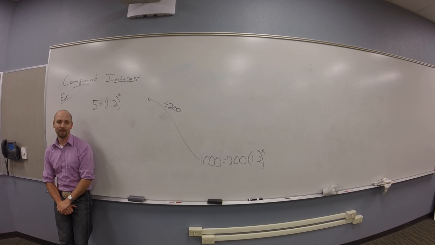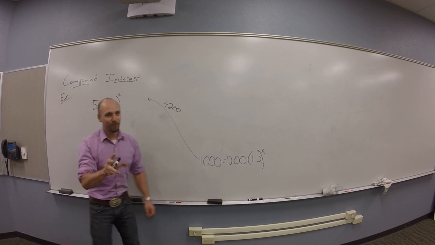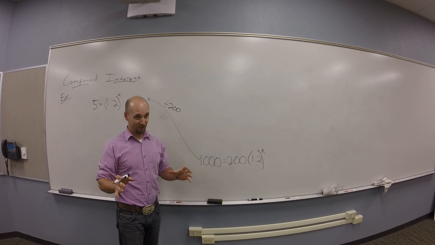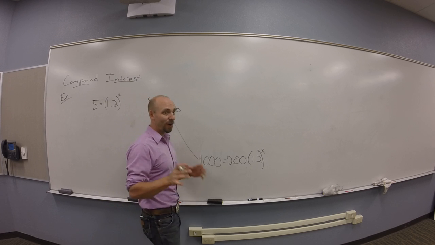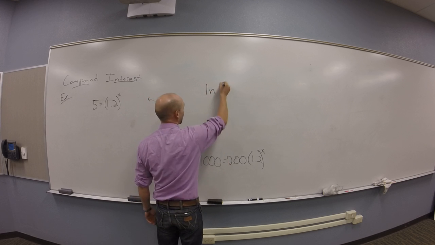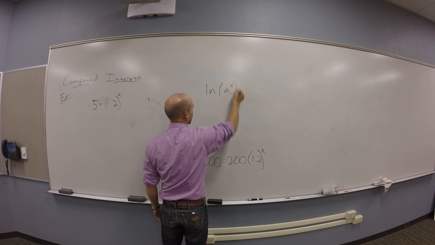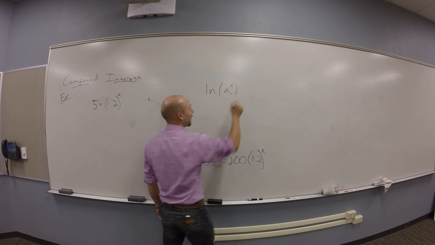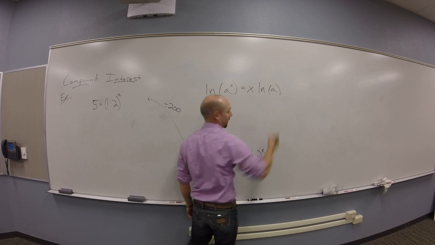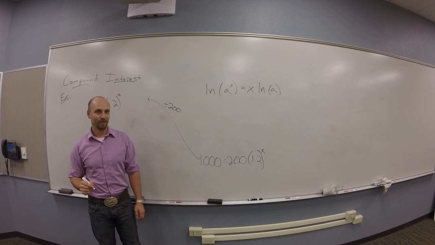I don't remember logs at all. I remember hating them, but I don't remember how to do them. Okay, cool. The relevant fact you need to know is that there's a log rule, and the one we want to use right here is this: if you take the log of some number to a power, you can take the power outside and multiply by the log of the number.